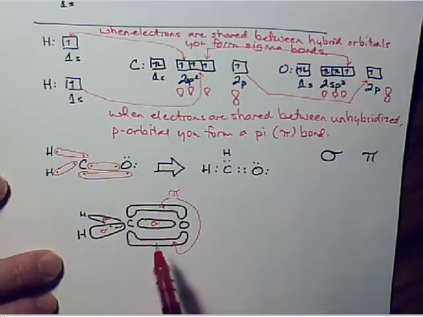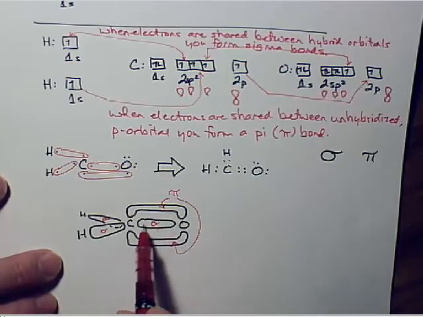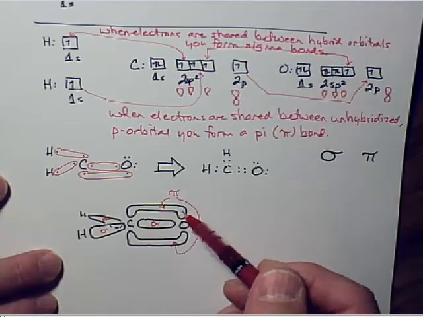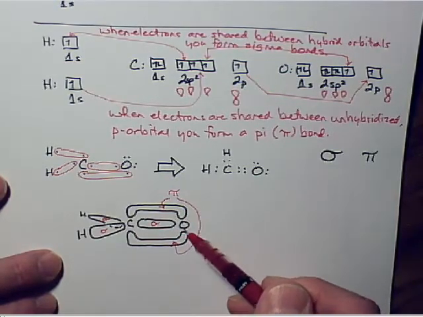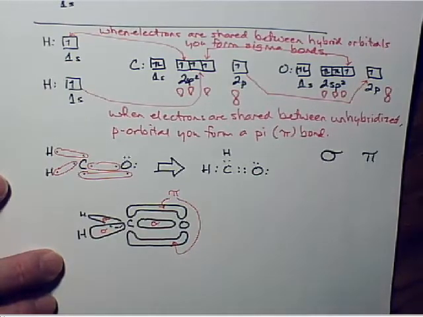And the sigma gets shared here. There are two electrons here, one from the carbon, one from the oxygen. There are two electrons in this pi bond, one from the oxygen, one from the carbon. Each one of these bonds shares two electrons, just like the orbitals can have two electrons, because it is a shared orbital. A covalent bond, the sharing of electrons, is sharing orbitals.